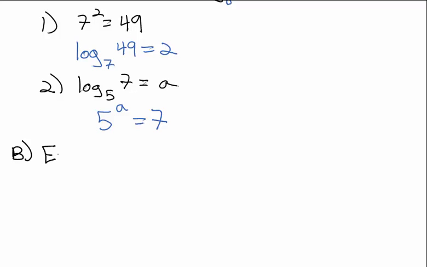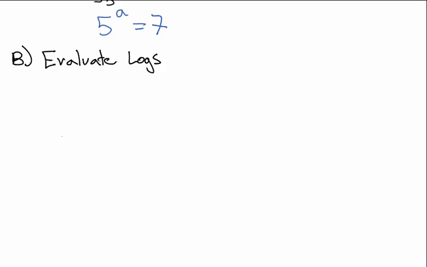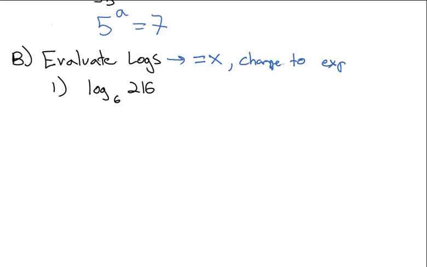So let's first look at how we can evaluate a log. If I want to know what log base 6 of 216 equals, the way we're going to evaluate logs is first we're going to make it equal to x, and then change to an exponent.